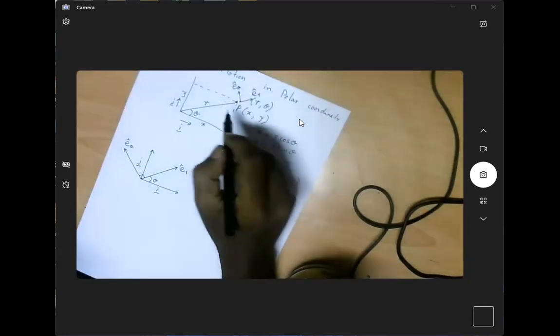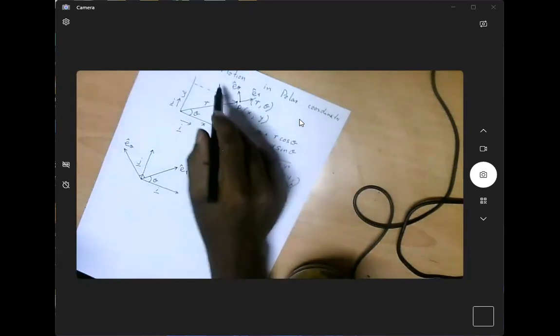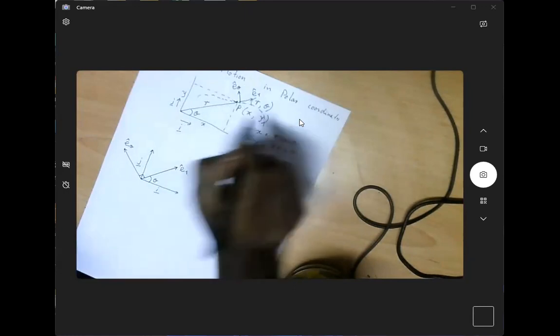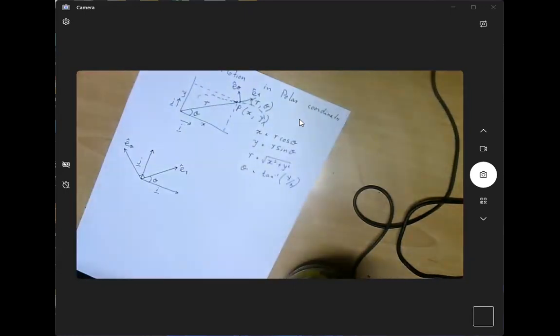Our particle is going to move in the real case. So when the particle moves through space, what happens to e_r and e_theta? Are they going to be fixed directions or will they change?